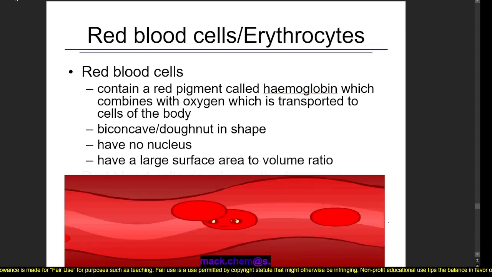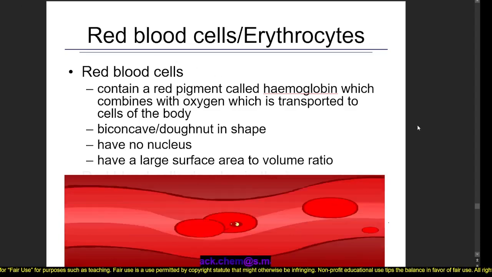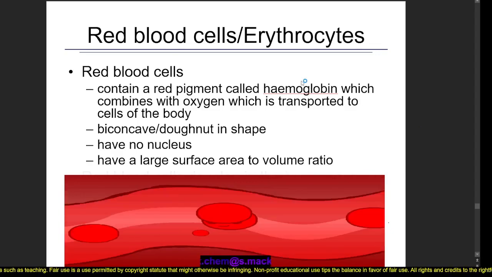Red blood cells are said to contain a red pigment, which is called hemoglobin. You should know the name of this red pigment. And hemoglobin is the substance which combines with oxygen, and that's how oxygen is transported in blood.